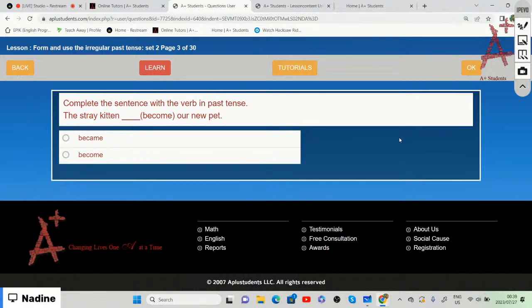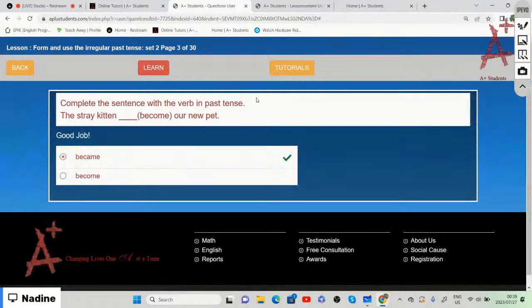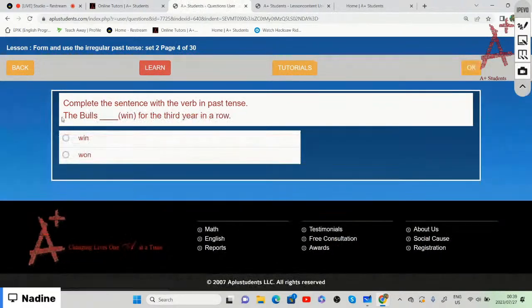All right, so become is irregular, which means that the irregular past tense form of become is the first option, which is became. So the stray kitten became our new pet. If you have that, then well done.